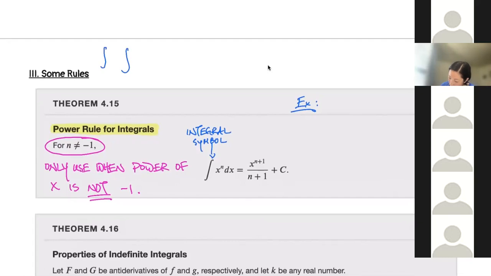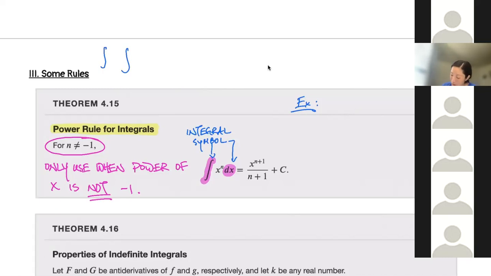What else is important about this? This dx at the end goes hand in hand with that integral symbol. And so if you have the integral symbol, you also need to have a dx. We'll talk a little bit about why we have that dx on Wednesday. Yeah, you could think about it that way.